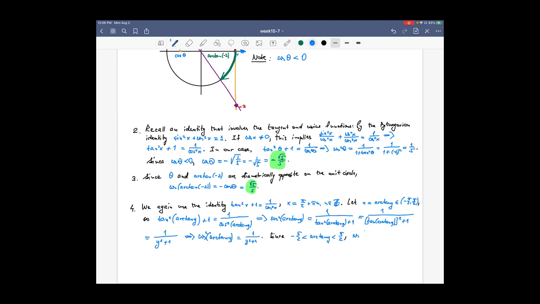Cosine of that is positive. And therefore, when we take the square root, we should take the positive sign.